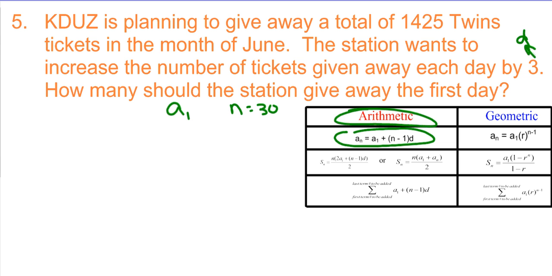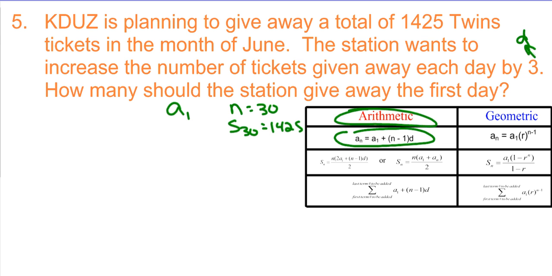And it says they're planning to give away a total of 1,425. That's the total number of tickets they're giving away, right? So that would be Sn, wouldn't it? So after 30 days, the sum of the tickets should be 1,425. Does that make sense? And I don't know an. And I don't know a1.